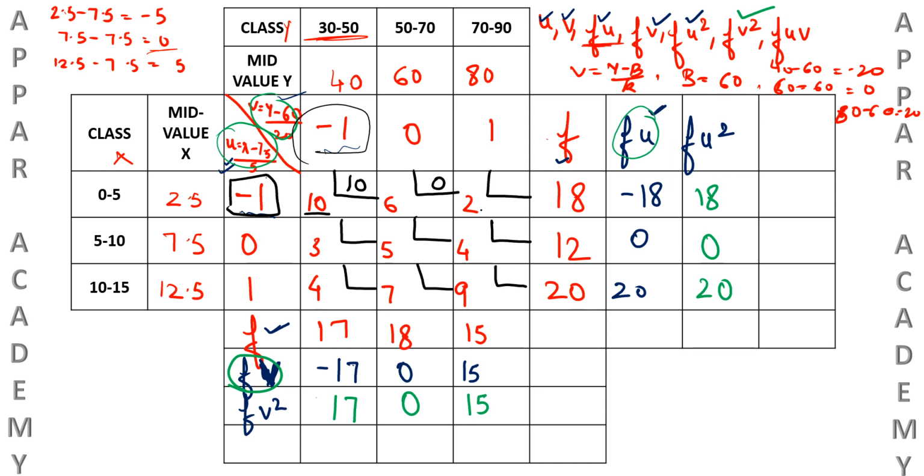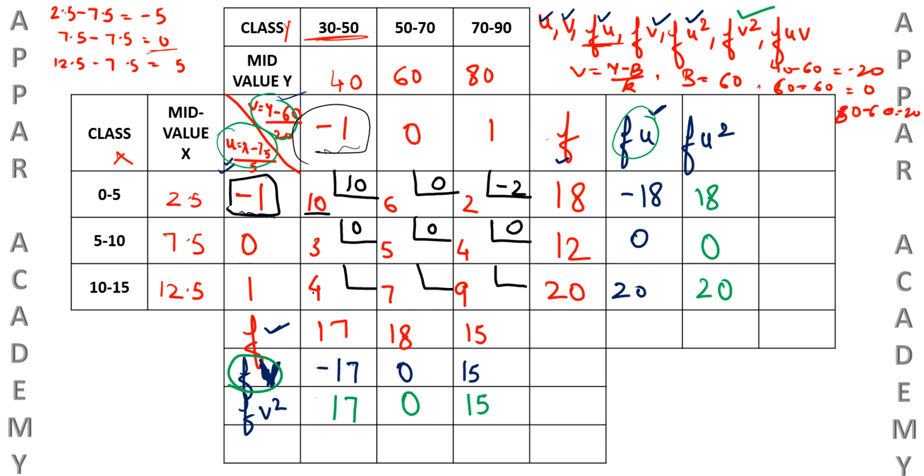For the combination where x lies between 0 to 5 and y lies between 70 to 90, our fuv will be 2 multiplied by minus 1 multiplied by 1, so this becomes minus 2. Similarly, for this combination, 3 multiplied by 0 multiplied by minus 1 is 0. 5 multiplied by 0 becomes 0. 4 multiplied by 0 multiplied by 1 becomes 0.